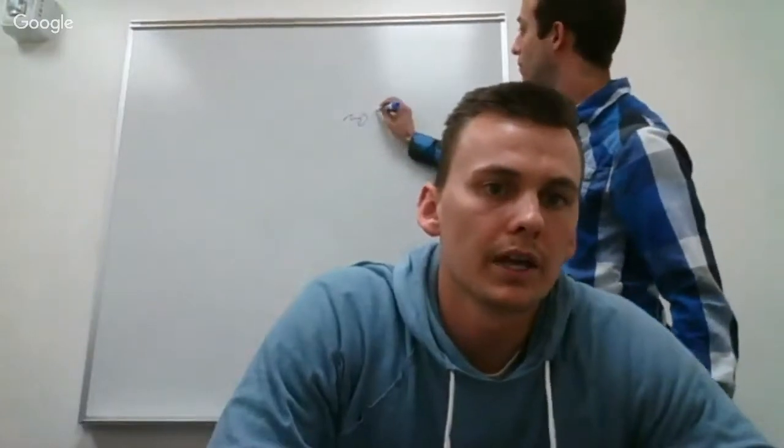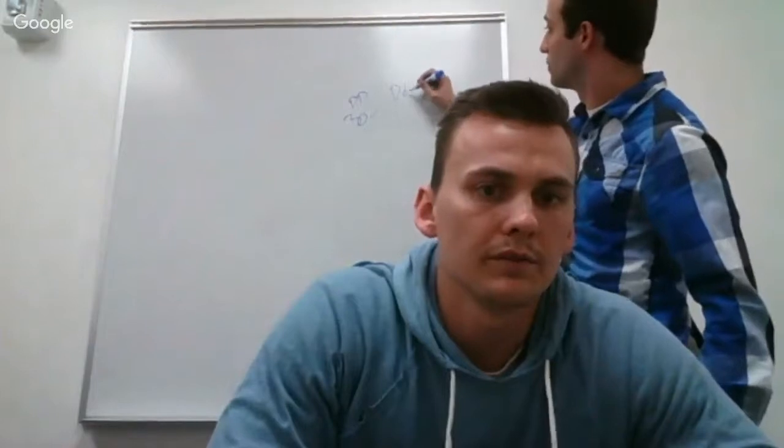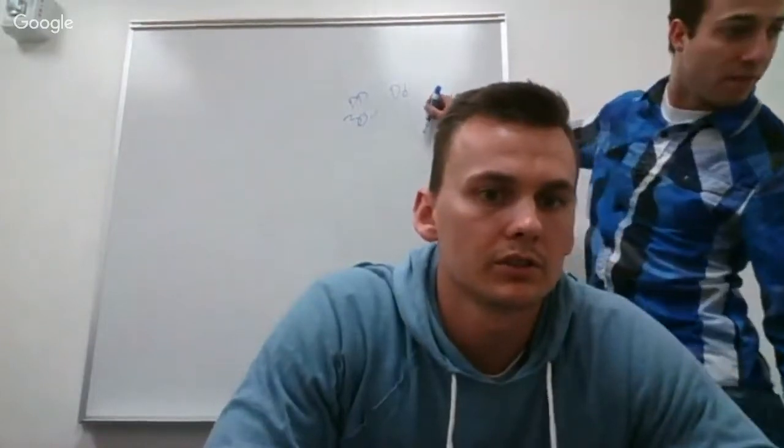And so what we did was we realized that 100% of the homozygous dominant females would have 100% dextral offspring, whereas the offspring of the heterozygous females would have 50% dextral, 50% sinistral.